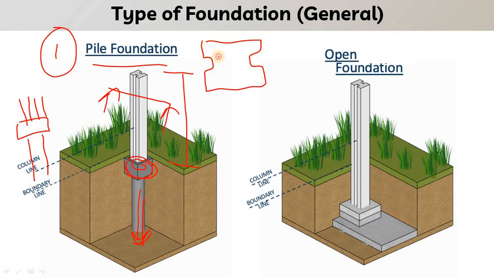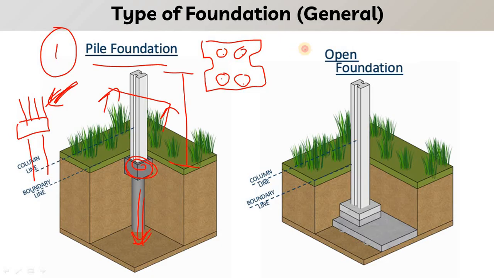From the bottom side, we will have dowel tubes, in which these bars will be connected. These reinforcement dowel bars will be connected into this dowel tube. This is how it will be connected with the pile cap, and then the grouting will be done. So this is the basic concept for the pile foundation.